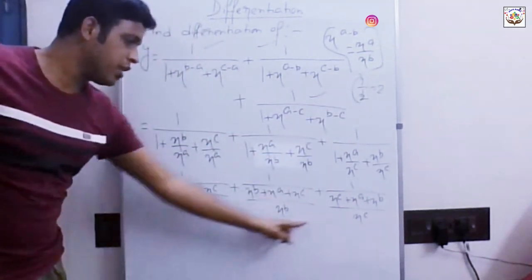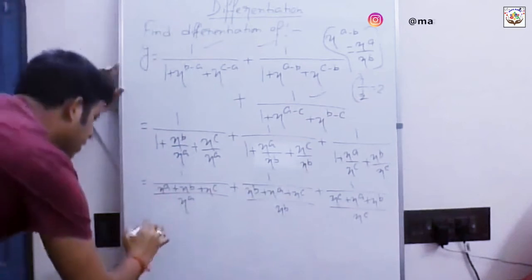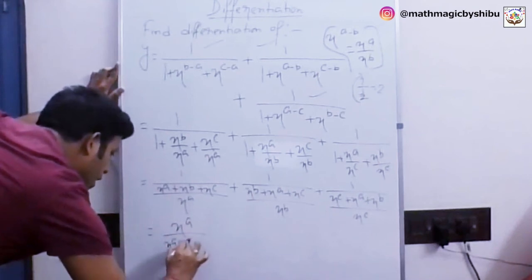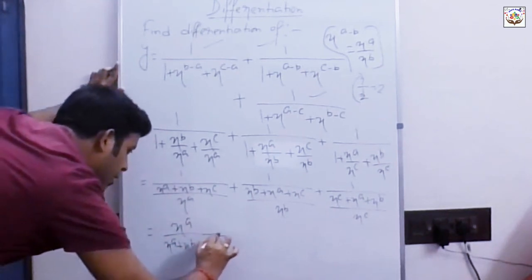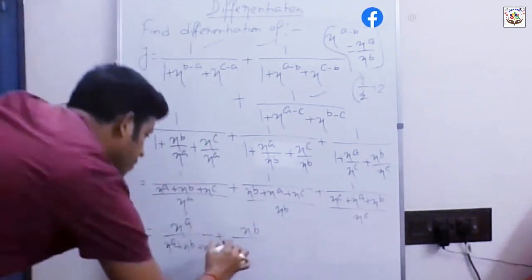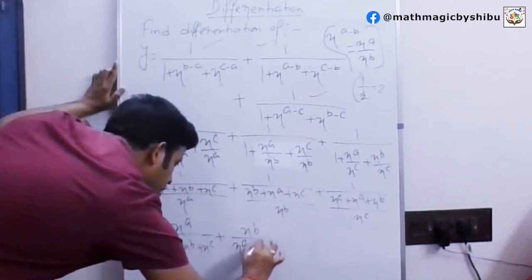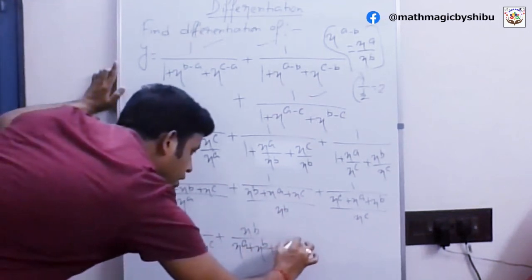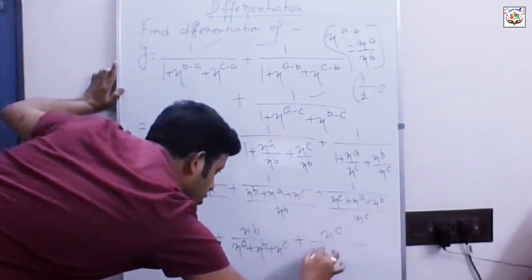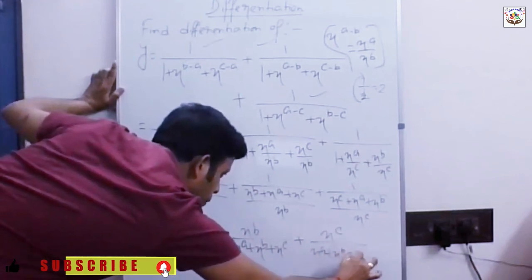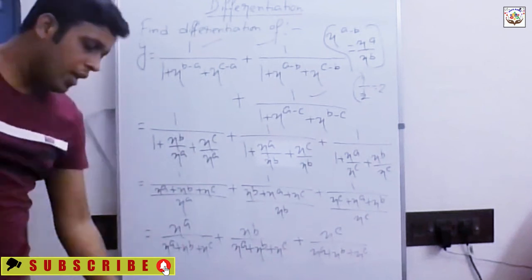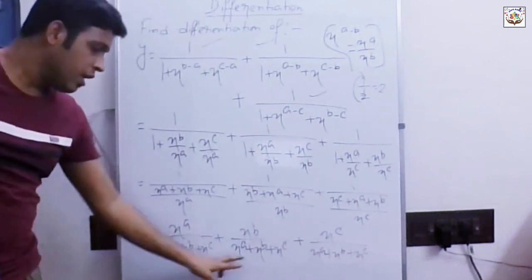Applying the same concept to this one, we can write x to the power a divided by x to the power a plus x to the power b plus x to the power c, plus x to the power b, I hope you can understand, right, divided by x to the power a plus x to the power b plus x to the power c, plus x to the power c divided by x to the power a plus x to the power b plus x to the power c. So we can see in the denominator x to the power a plus x to the power b plus x to the power c are common.